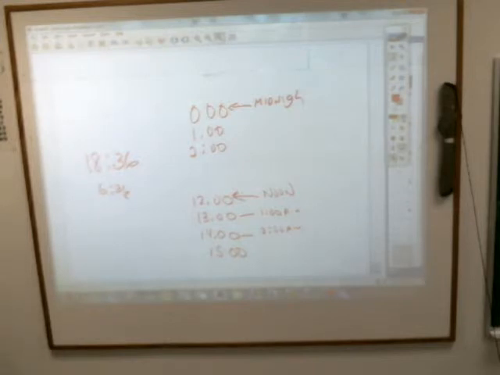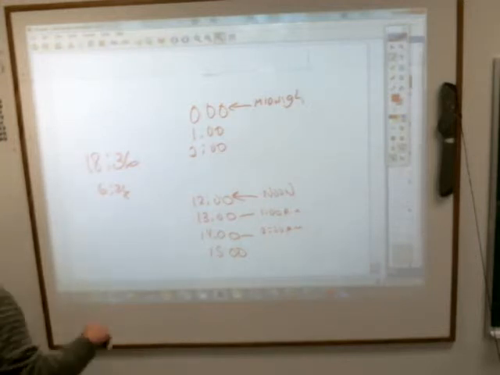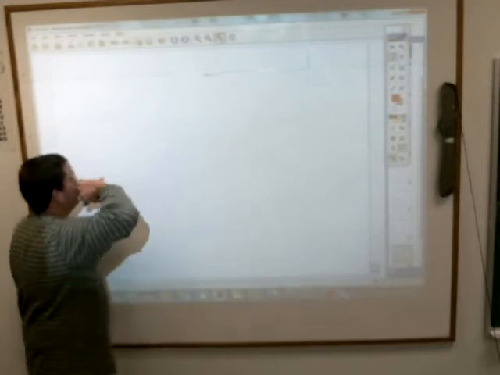And now let's look at a couple more problems here. Write down this problem, because they ask us some problems about time.